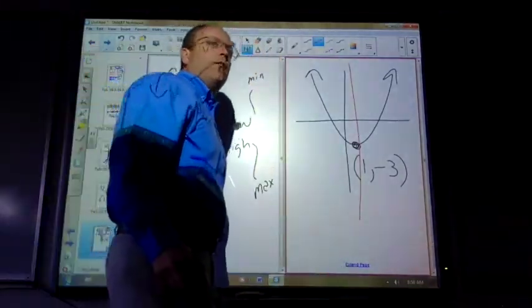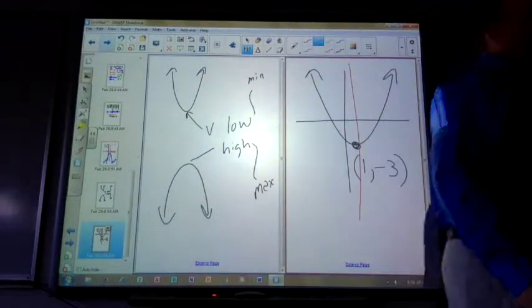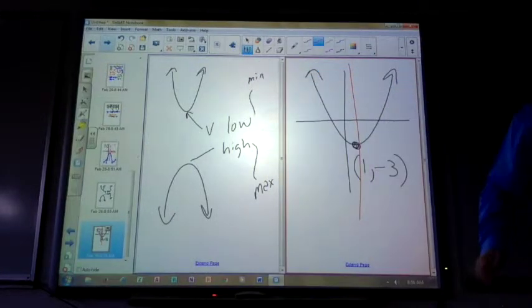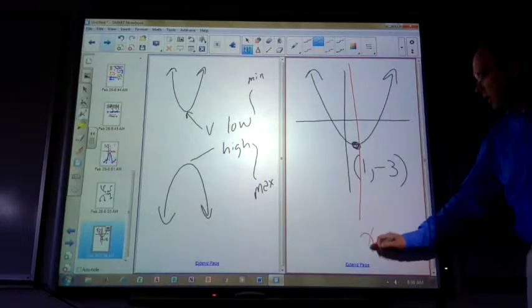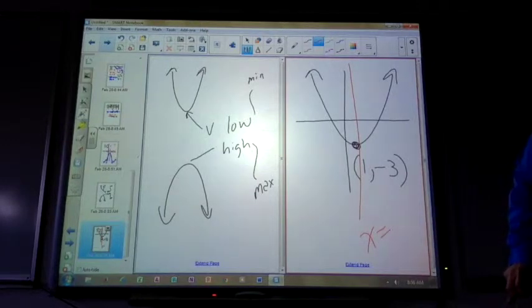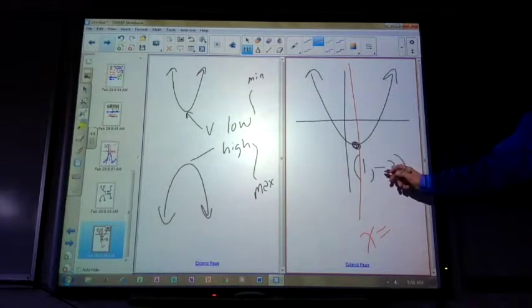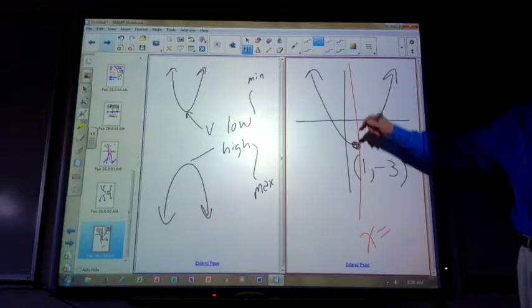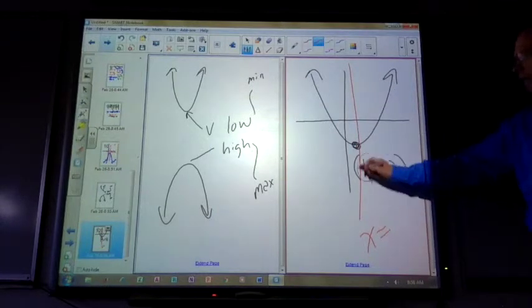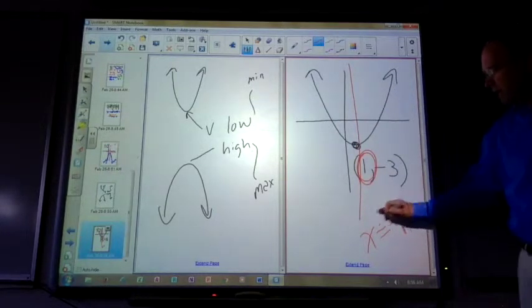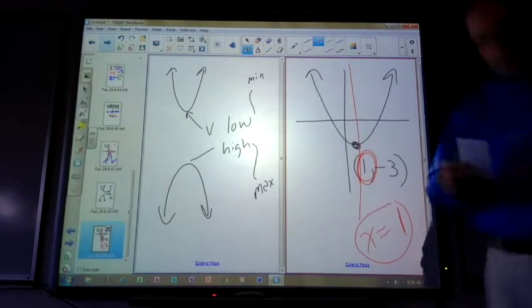It's a vertical line. Vertical line is what equation? X or Y? X. X equals what? 3 is the Y component, so axis of symmetry is always the X component. Okay?